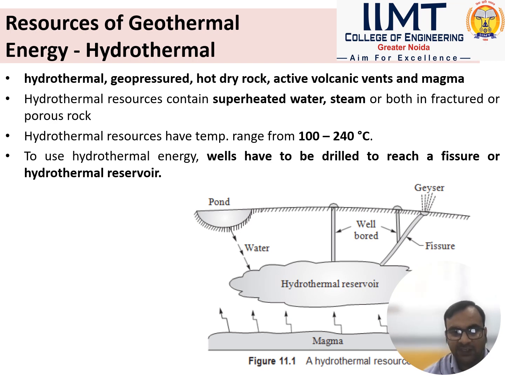In vaporized form, it is going to be raised. And this is the hydrothermal reservoir. To reach the hydrothermal reservoir, we have to bore a well, and from that well, heat will reach the ground, where this heat can be utilized as an energy resource.